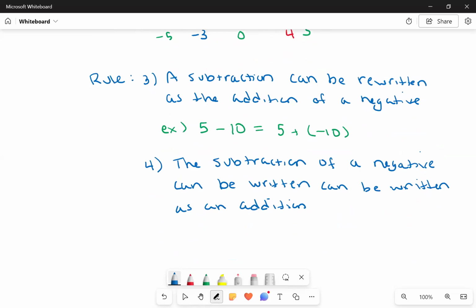In other words, if you have 1 minus negative 7, that's the same thing as 1 plus 7. We can rewrite the subtracting of a negative as an addition. They behave the same way. If I drew these out on the number line, they're going to look exactly the same. I'd start at 1, move right 7, and land at 8.